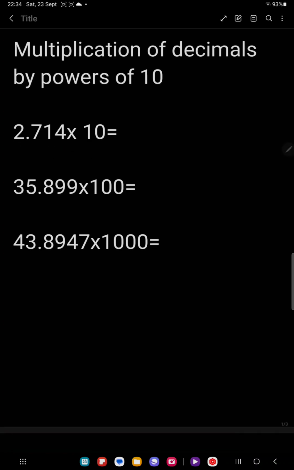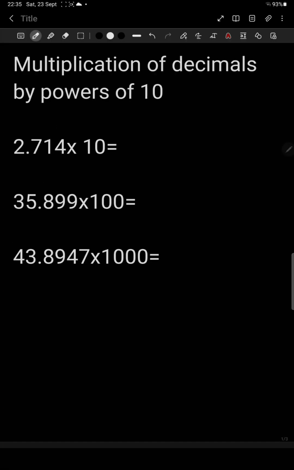So how to multiply by 10? When we multiply a decimal number by 10, this is the easy trick. We do not need to do the long multiplication. We will just move the decimal towards the right side. This number has 3 decimal places. When we multiply it by 10, it will become 2 decimal places.